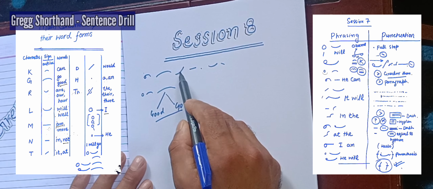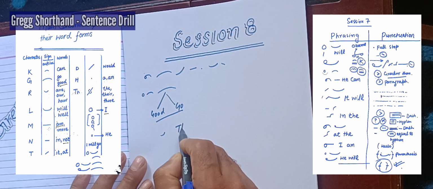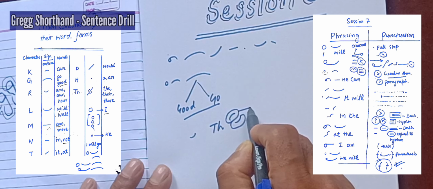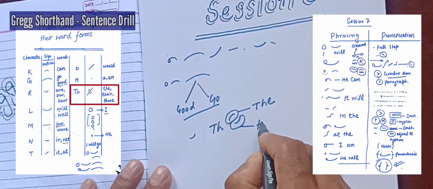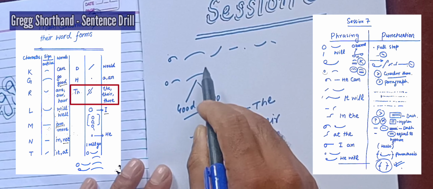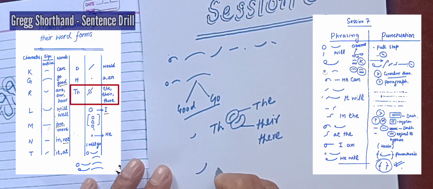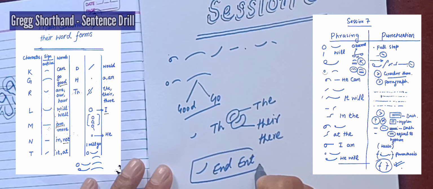Now, what is this? If you remember, in th, we had this th and this th. This th is always the, and this one is what? There or their. So this has two meanings over here. So don't confuse this with the other similar outlines right now.